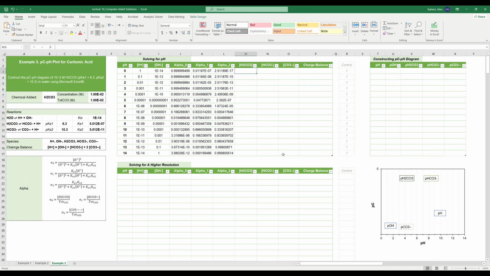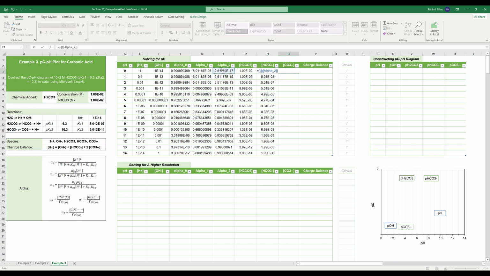H2CO3 would be alpha 0 times the total, and the total is a constant. So this would be the alpha 1 value times the total for HCO3 minus, and this would be alpha 2 times the total for CO3 2 minus.